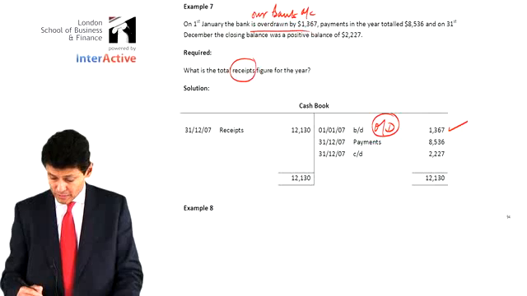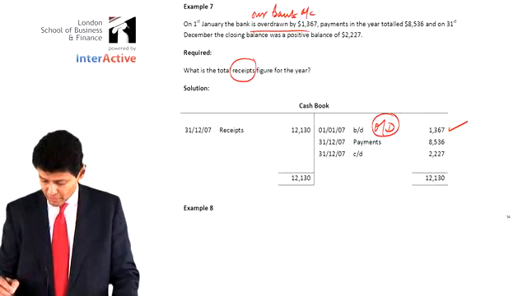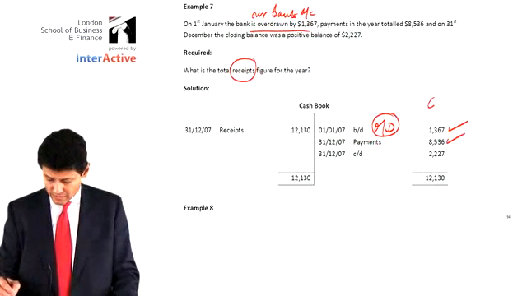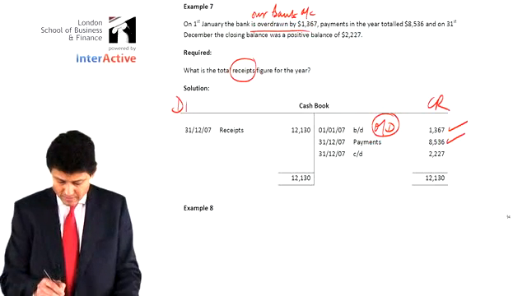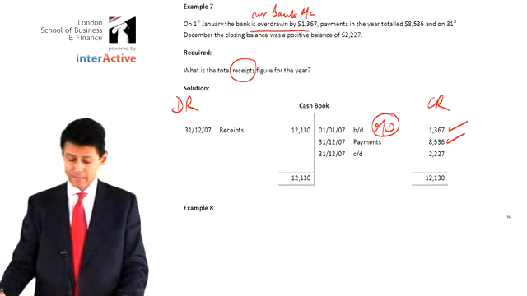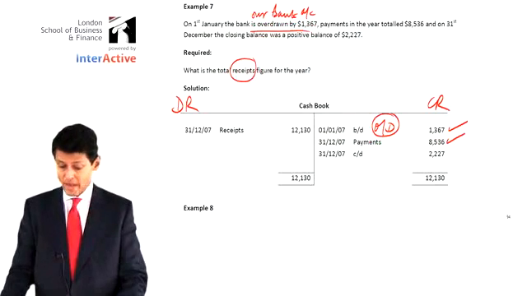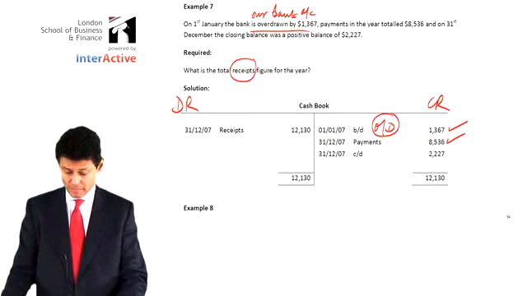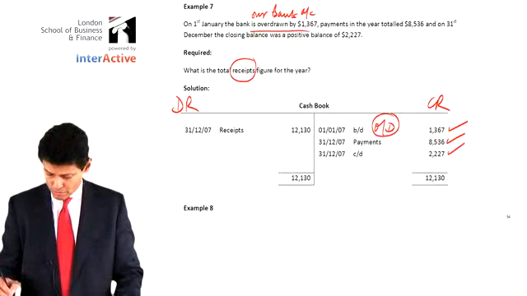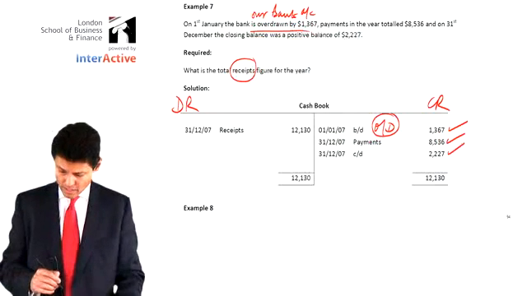The payments in the year totaled 8536, so you credit your cash book, of course, because these are credits, these are debits. You credit your cash book and you debit whatever expenses. Expenses are debits, of course. So if you debit expenses and credit cash book, your 8536 should be under control. The closing balance is then given as 2227. No problem.